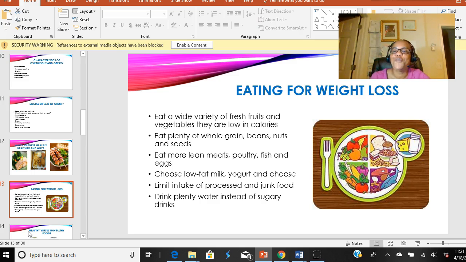Eat plenty of whole grains, beans, nuts, and seeds. Eat more lean meats, poultry, fish, and eggs. Choose low-fat milk, yogurt, and cheese. And of course, limit intake of processed and junk food. And drink plenty of water instead of sugary drinks.